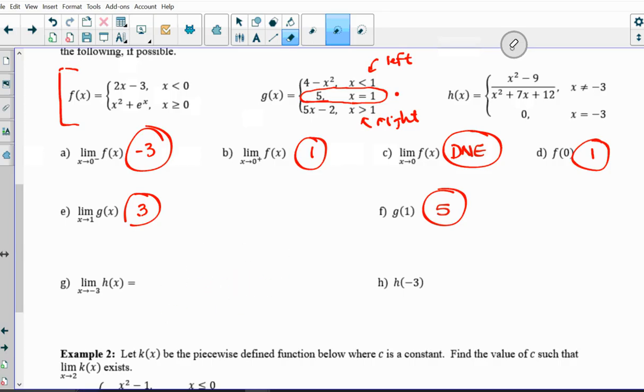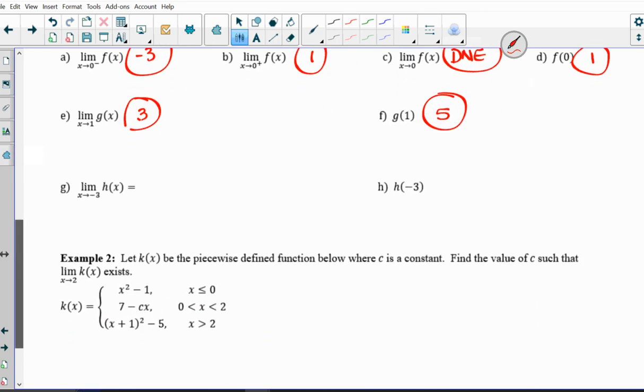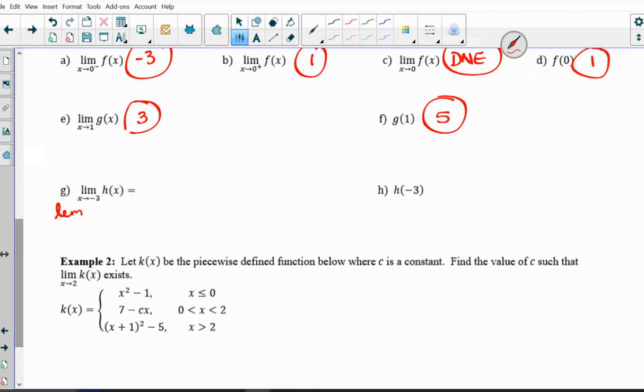Okay, you did more after 0 over 0. Factoring? All right. It just means don't stop if you get 0 over 0. You can't end with that.